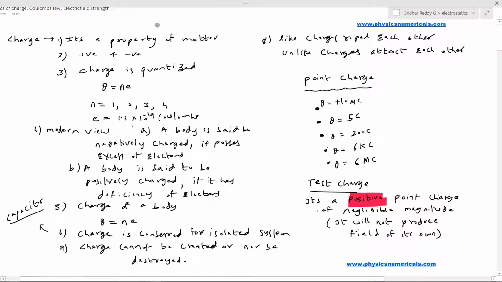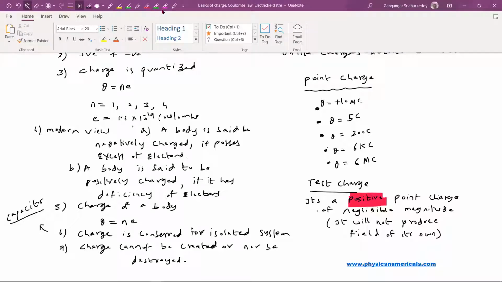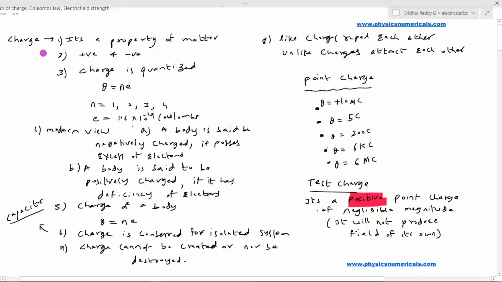Let's start with this one. First, ours will be charge. Let me use the pink color one.